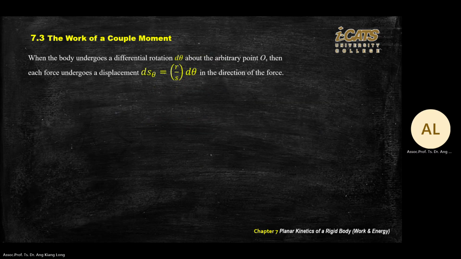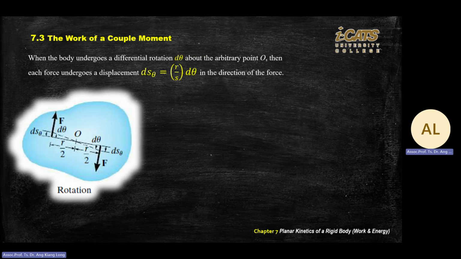Okay. Now the rest is just bringing back your mathematics. If you have something that rotates, you need to calculate the displacement here. You have a circular section here. S equals R theta.